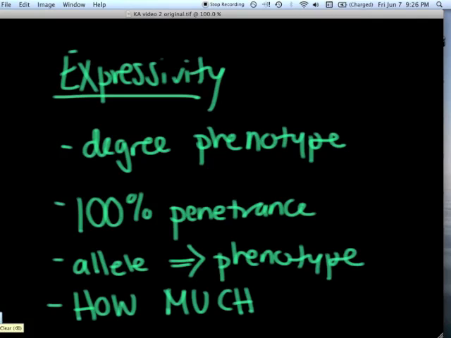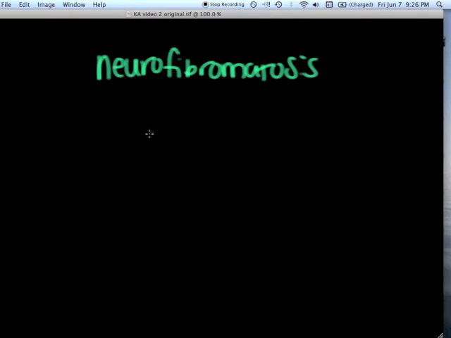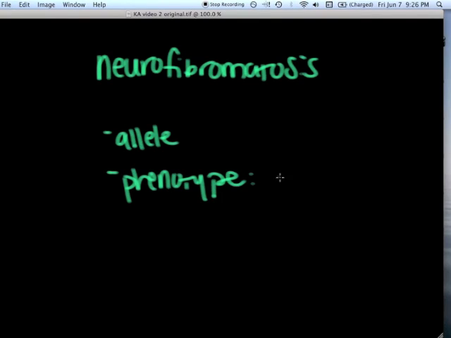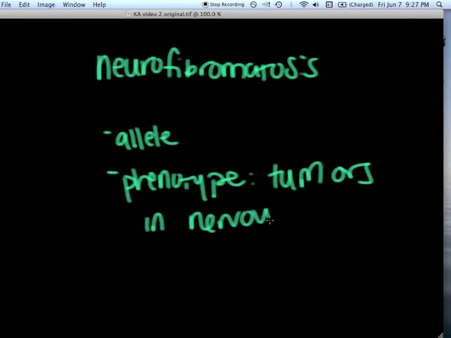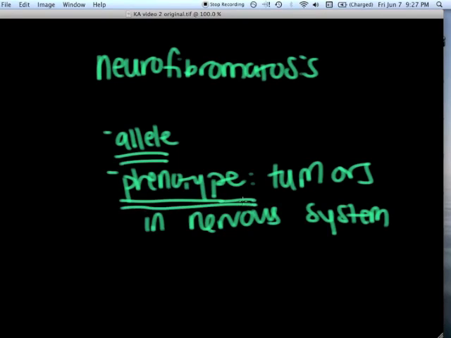As an example, let's look at a disease called neurofibromatosis. In this disease, the people with that allele get as their phenotype tumors in the nervous system. So if you have that mutation, you're going to get the phenotype.